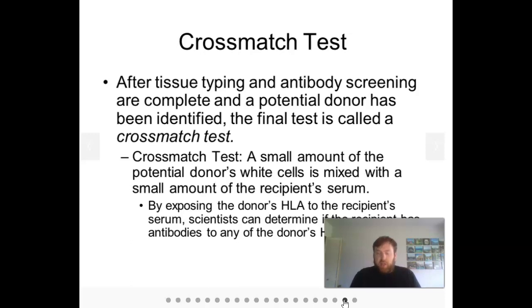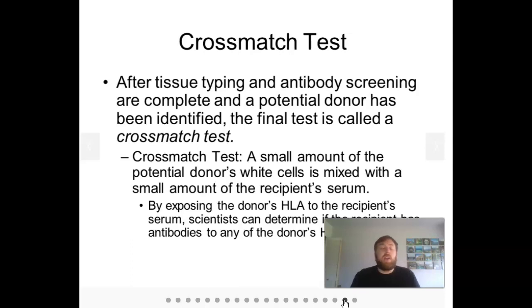Now, after the tissue typing and the antibody screening are complete, and a potential donor has been identified, let's say we have an individual who has correctly been identified as a tissue type, and the antibody screening worked out in both the donor and recipient. The final test is called a cross-match test.